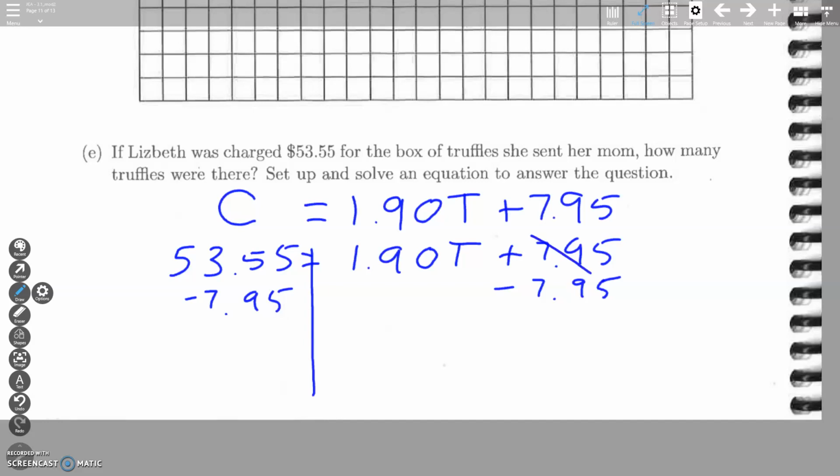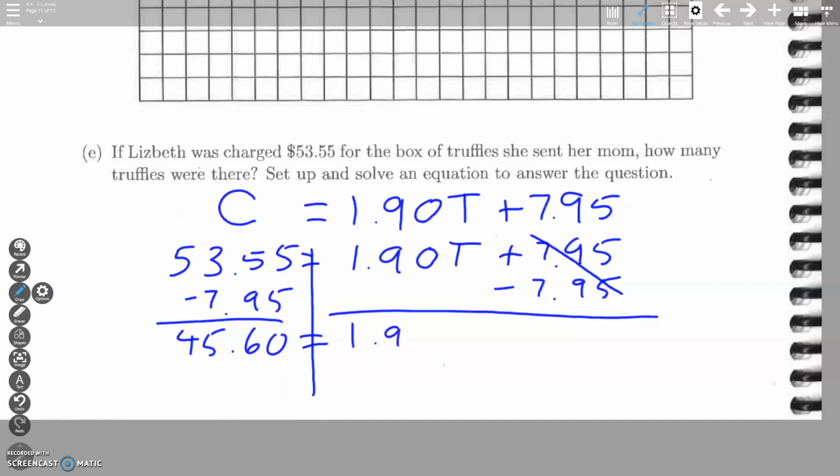Okay, on the right side, those go to 0. On the left side, we're left with $45.60. And that's going to be equal to the 1.95 times the number of truffles. If we divide both sides by 1.95 to get down to a single box, like 1T.